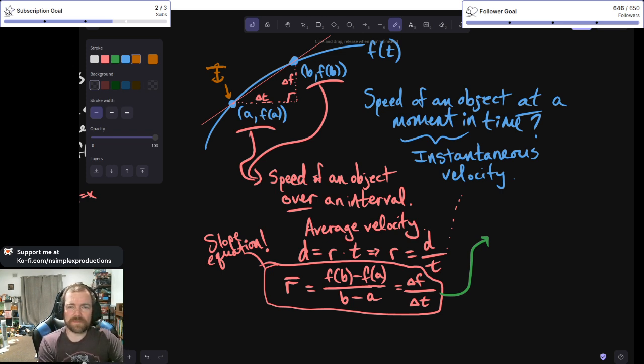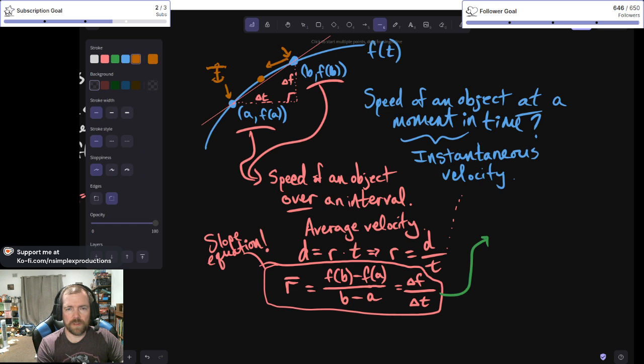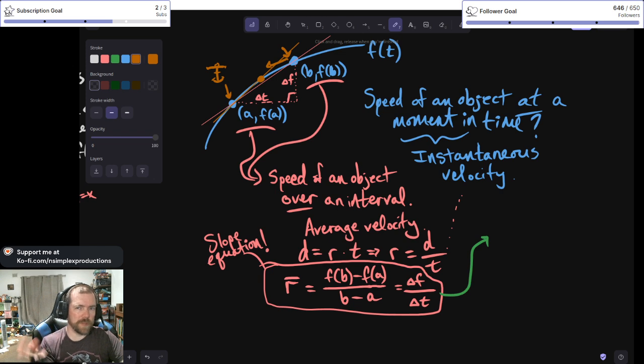And we take this one and we slide it this way, such that we end up with a completely new location for b comma f at b.